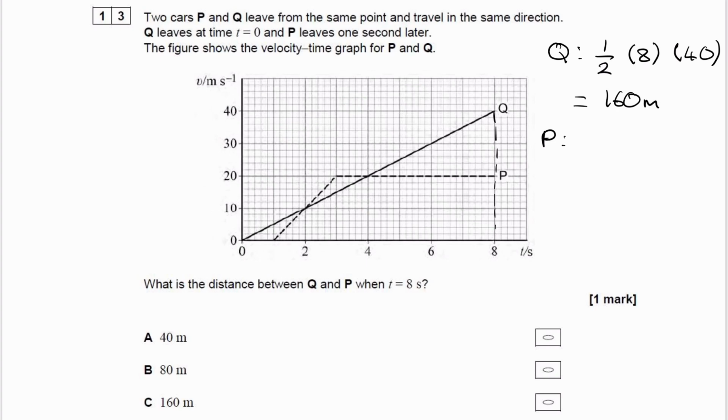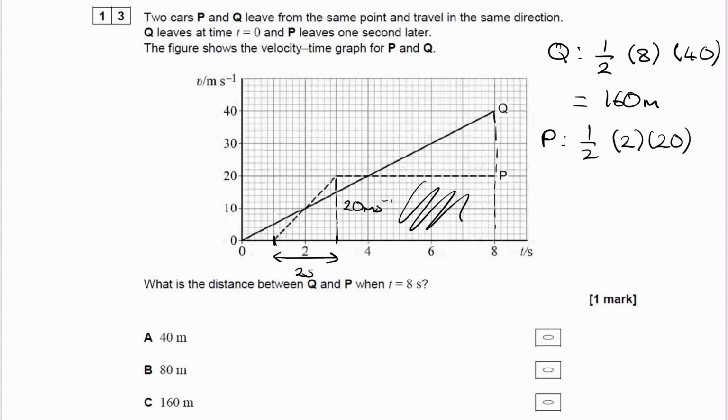For P, we can split this up into two shapes, a triangle and a rectangle. So for the triangle, that's this bit here. The base of this triangle is 2 seconds, as it goes from 1 second to 3 seconds. And the height is 20. So then our area would be a half base times height.